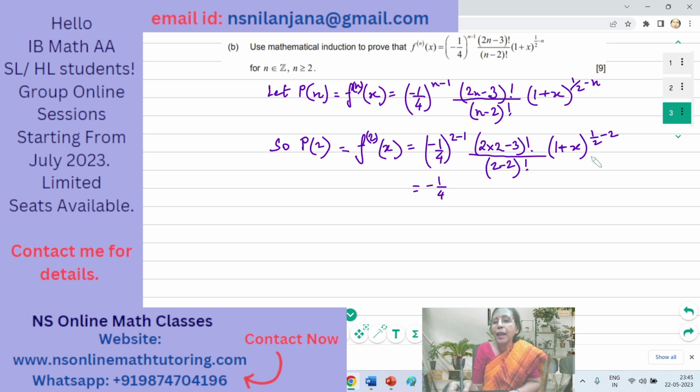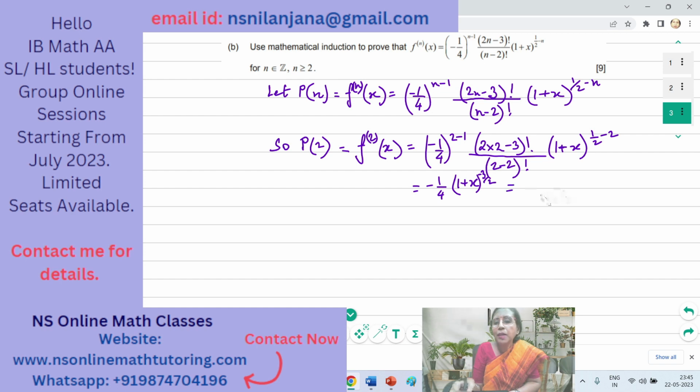Coming to 1 plus x raised to the power of half minus 2. So half minus 2 is negative 3 over 2, which is negative 1 over 1.5. Negative 1 over 1.5 means negative 3 over 2.